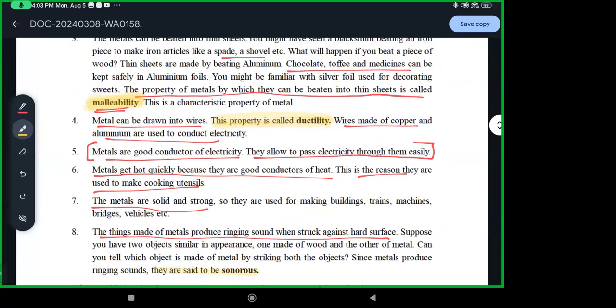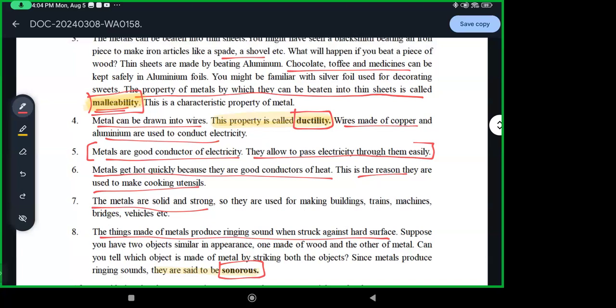When you are answering in an oral or written paper, it's very important that you use these three words: malleability, ductility, and sonorous. All right, so we saw a lot of properties of metals. When an object has all these qualities, it can be considered a metal.